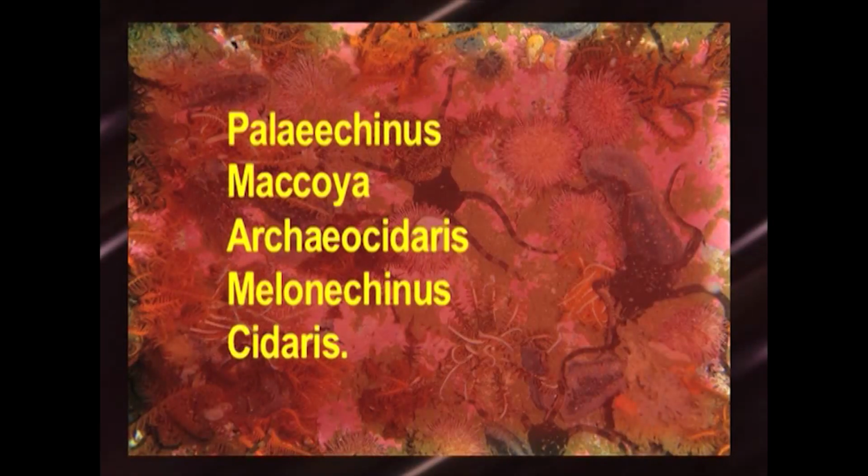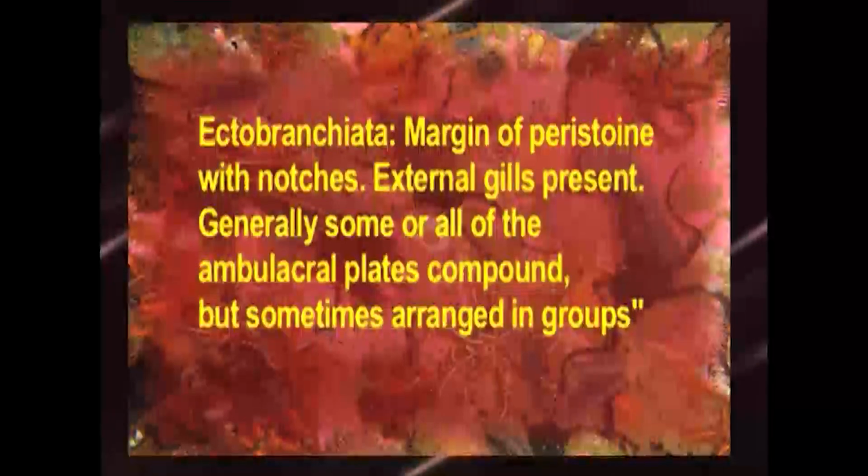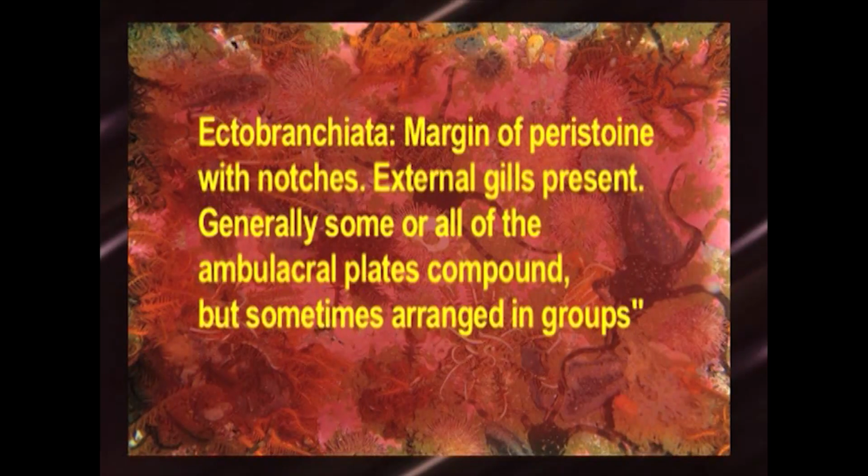Number 1, Endobranchiata, includes the Palaeechinus, Maccoya, Archaeocidaris, Melonechinus and Cidaris. Number 2, Ectobranchiata: margin of the peristome with notches, external gills present, generally some or all of the ambulacral plates compound, but sometimes arranged in groups of 2 or 3, differing in shape and not fused together.